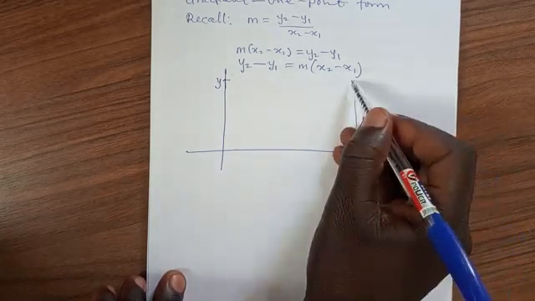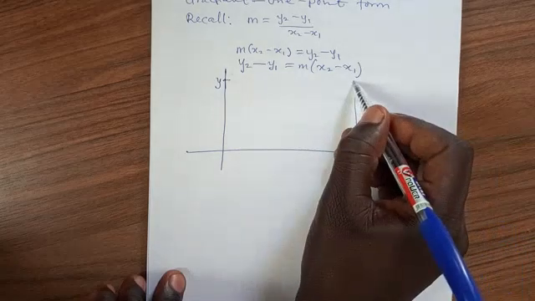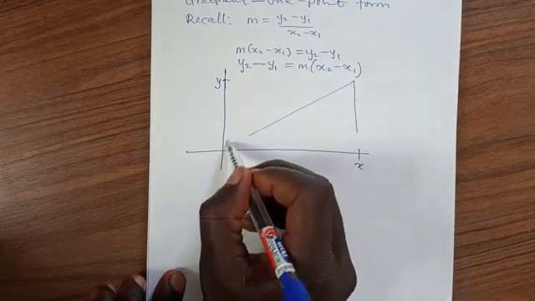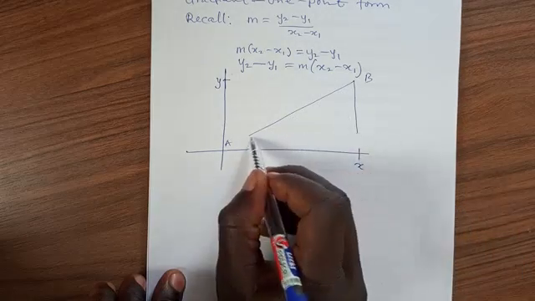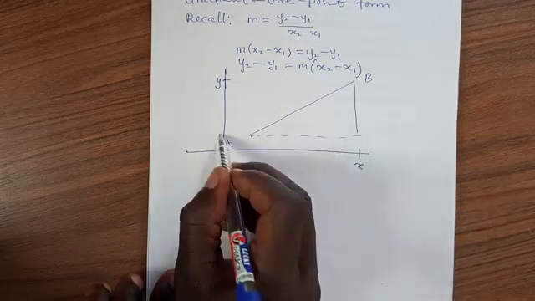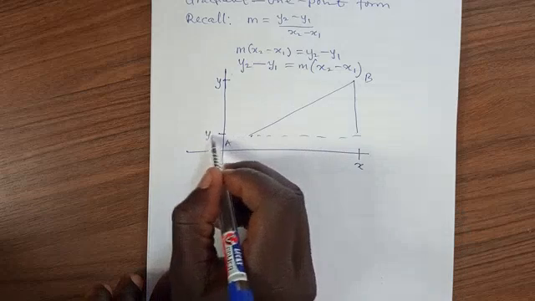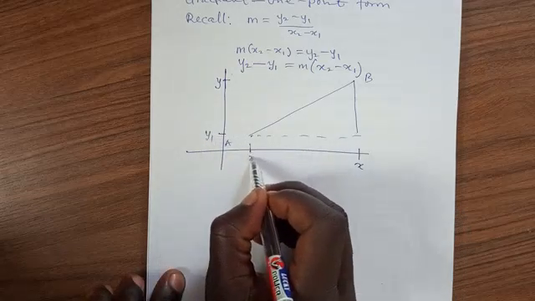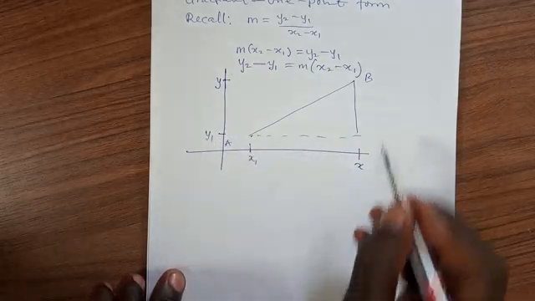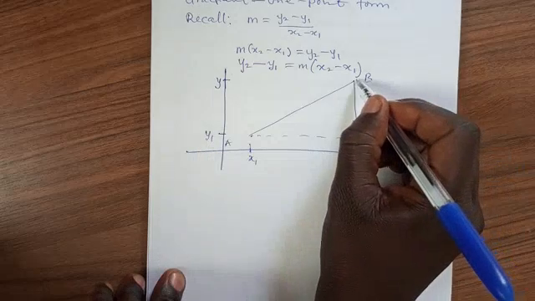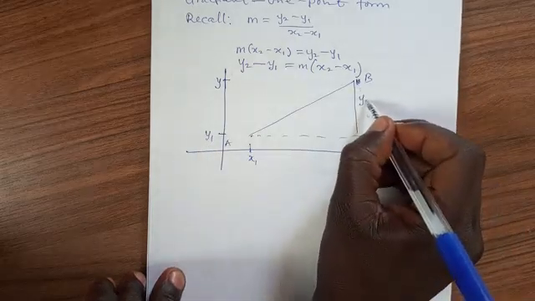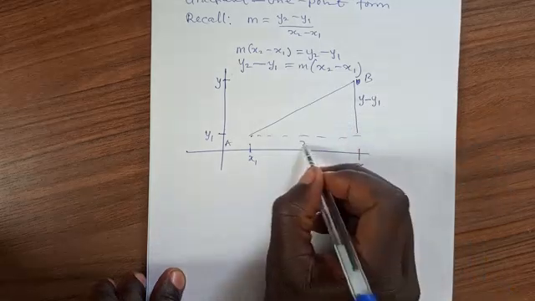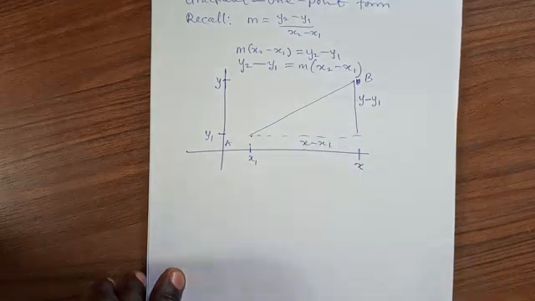So now, if you have a straight line, say AB, here is y1, here will be x1. So here will be y. So here will be y minus y1. Here will be x minus x1.